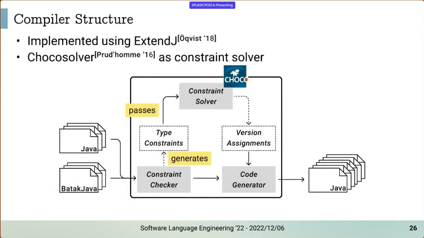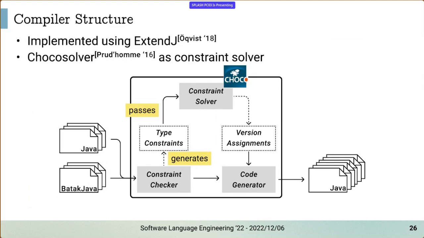Okay. And this is the structure of the compiler for BatakJava. Basically, the extension consists of three main parts. There's the constraint checker that generates the constraints and also does some forms of basic name checking and type checking.